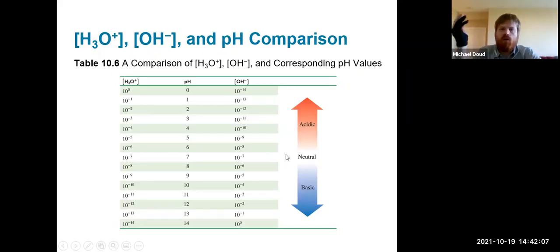Okay, so all this means is basically that the hydronium ion concentration, the pH, and the hydroxide ion concentration are all interrelated, right? We saw that the hydronium ion concentration times the hydroxide ion concentration always has to equal 1 times 10 to the negative 14th. Also, we see that the pH is inversely related to the hydronium ion concentration, logarithmically related.